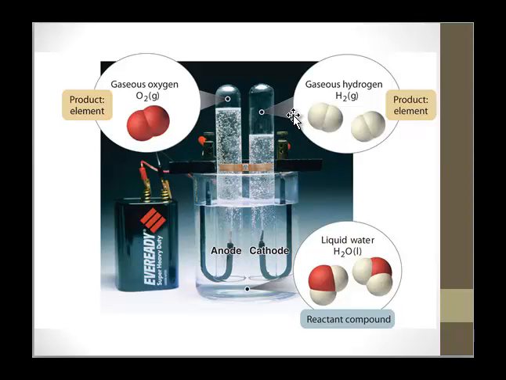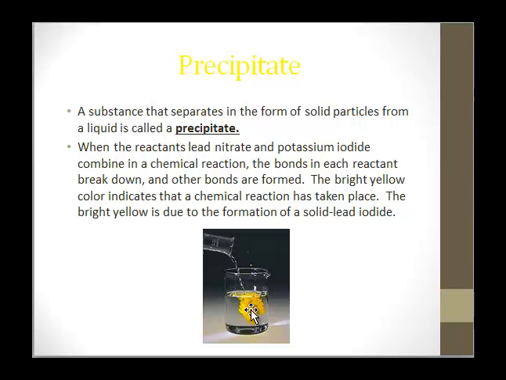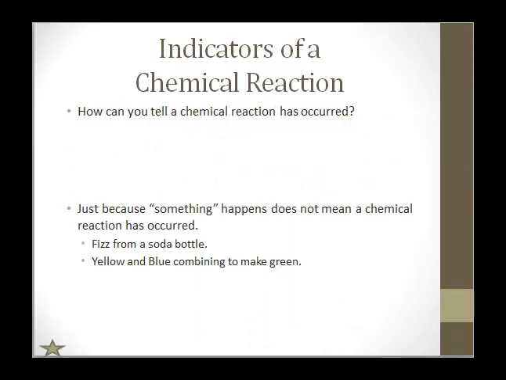So we know that a chemical reaction has occurred because two gases are formed. We know that a chemical reaction has occurred here because a precipitate was formed, or a change in color, all right?